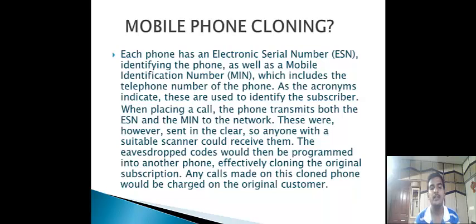These were, however, sent in the clear, so anyone with a suitable scanner could receive them, and when they scan this ESN and MIN pair, they could program it into another phone and thus clone the cell. Any call made on the cloned cell phone, the bills go to the legitimate subscriber and the cloned user freely enjoys the services. And this is also used to obtain the contacts and make other fraudulent scams.